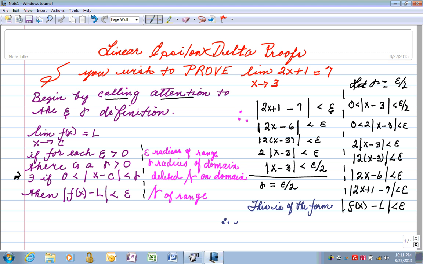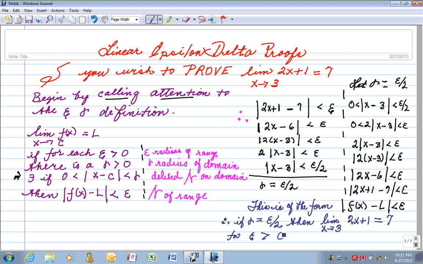Therefore, if delta is half of the radius of the range, then the limit as x approaches 3 of 2x plus 1 will equal 7 for epsilon greater than 0.